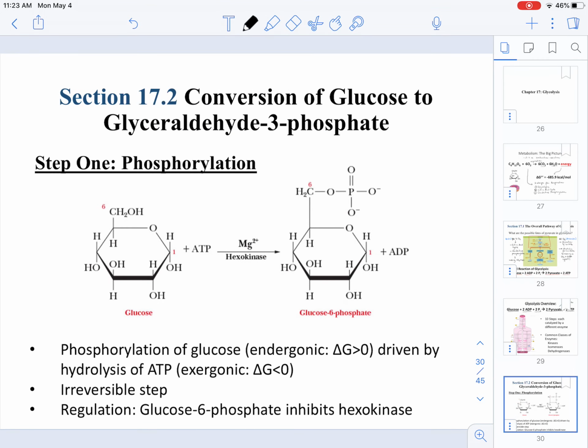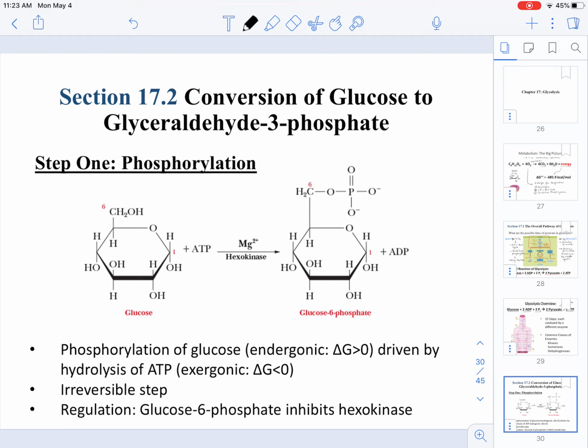Now we are going to be discussing section 17.2, which includes what is going to be the first few steps that allow us the conversion of glucose to glyceraldehyde 3-phosphate. So now we are going to be going over the steps of glycolysis, again, the 10 steps one by one. Step 1 of glycolysis is the phosphorylation of glucose.